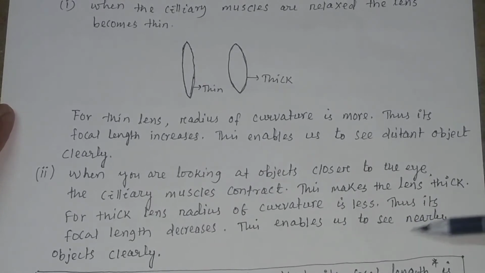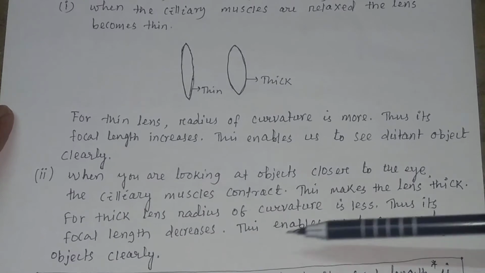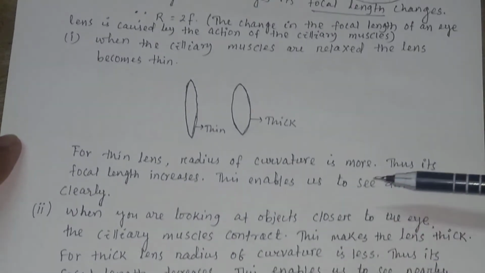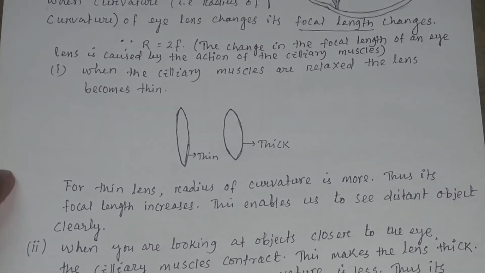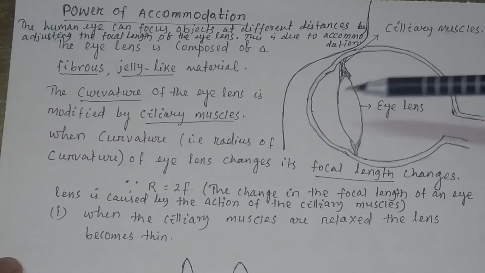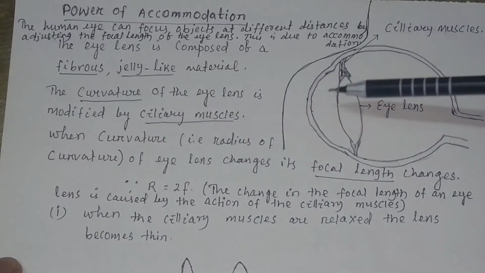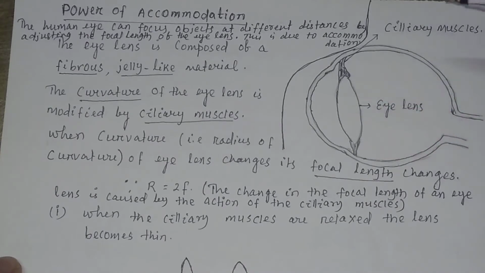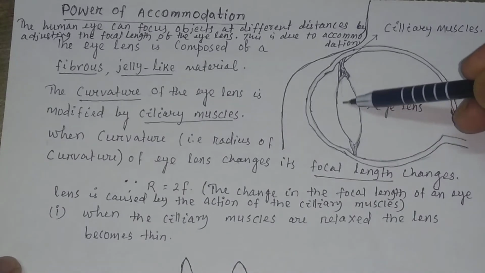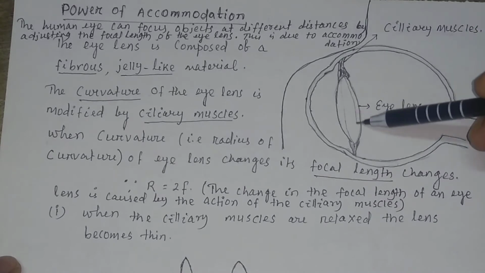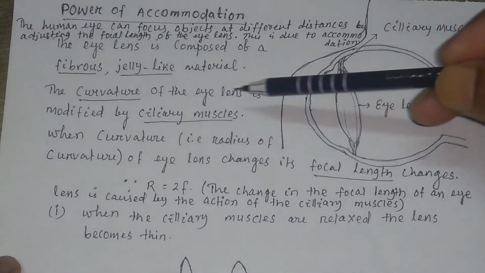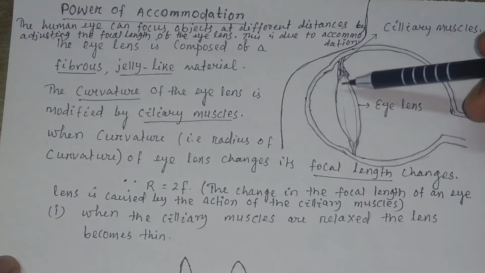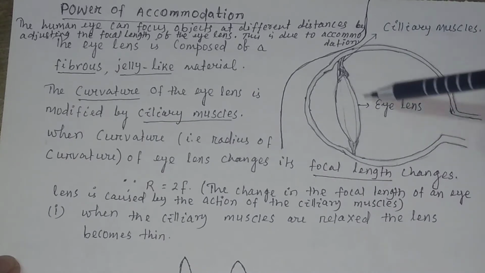This enables us to see nearby objects clearly. So when you see a distant object, this lens becomes thin, but when you see a nearer object, it becomes thick like this.